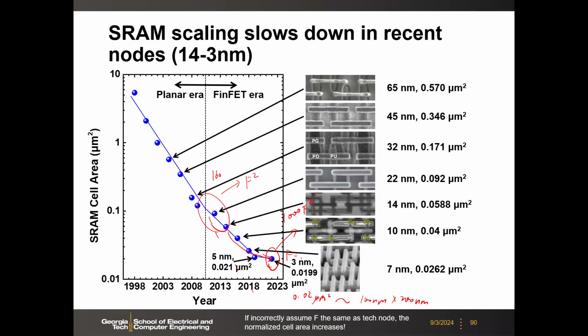Because F loses the meaning, right? What matters is the real number. That's why I want you to remember this number, 0.02 micrometer square for today's 5 nanometer, 3 nanometer SRAM cell.